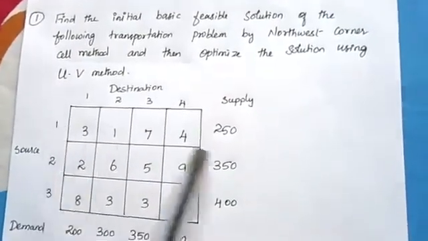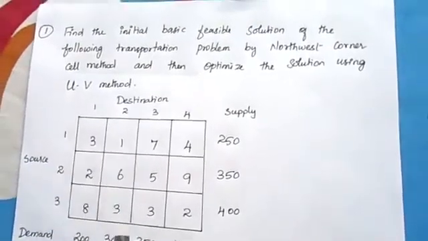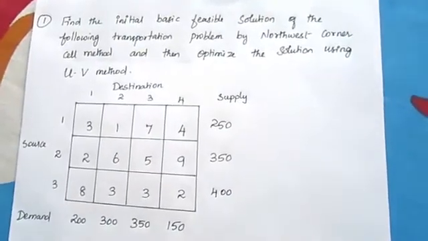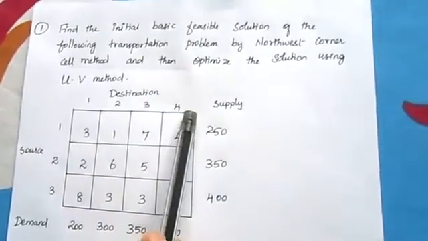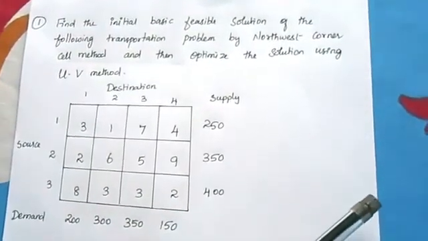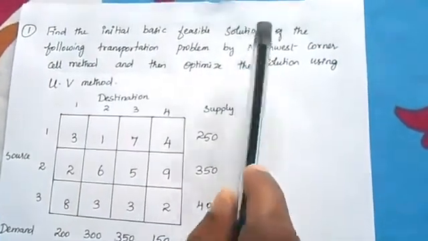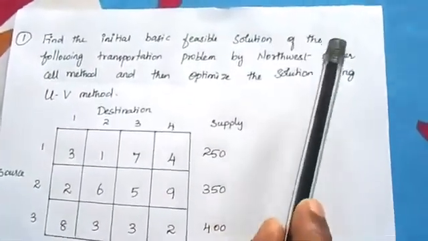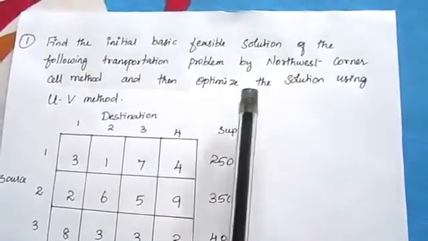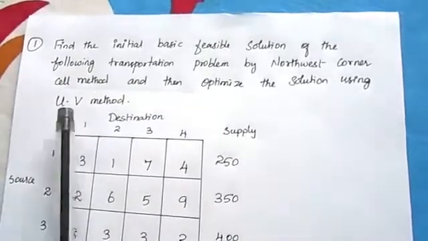See this transportation model. Here 3 rows and 4 columns are there. The supply values are given, and the demand values are also given. These are the 4 destinations and these are the 3 sources. With this problem, they ask you to find the initial basic feasible solution using the northwest corner rule, and then optimize the solution using the UV method.